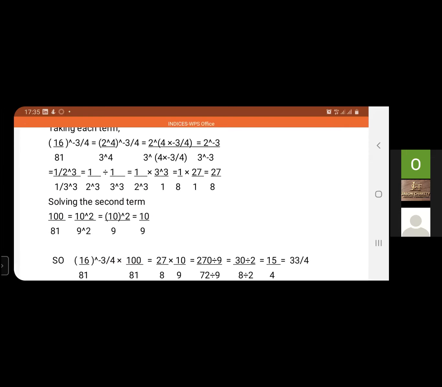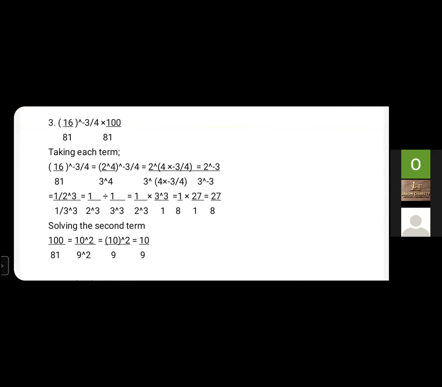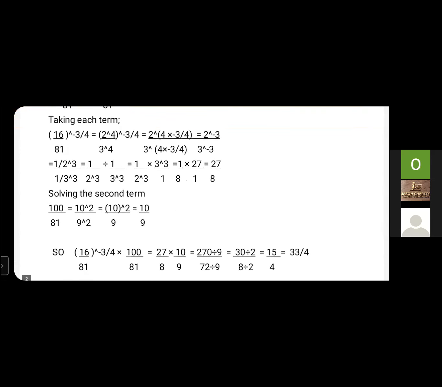Now solving the second term, which is the square root of 100 over 81. In indices, square root is the same thing as the power of half. If you say square root of 100, we have 10. When you say 100 raised to the power of half, it will give you 10.